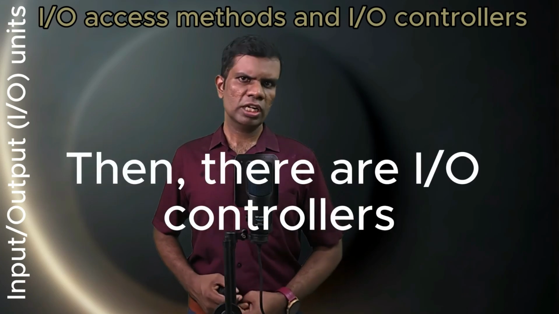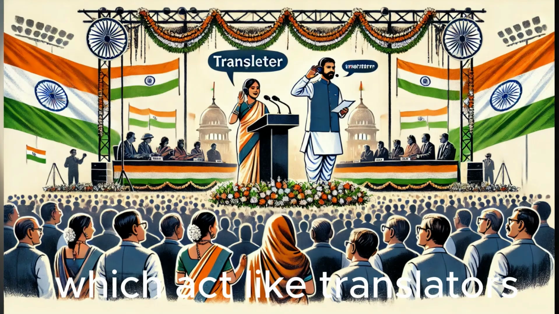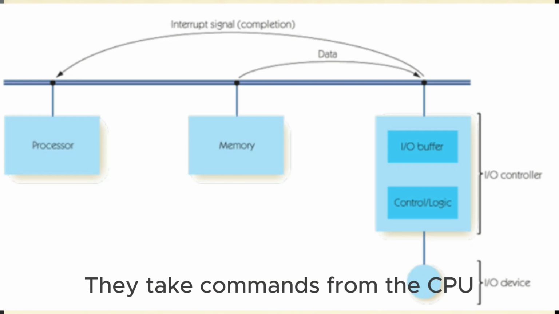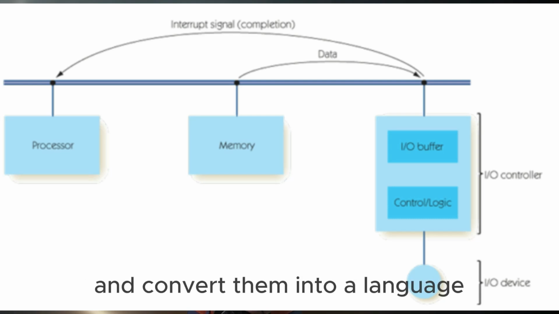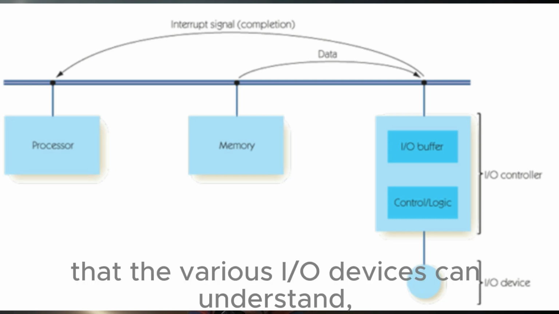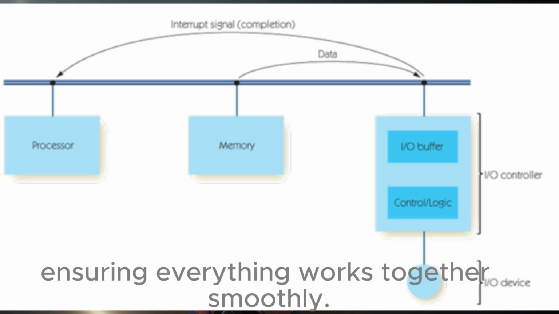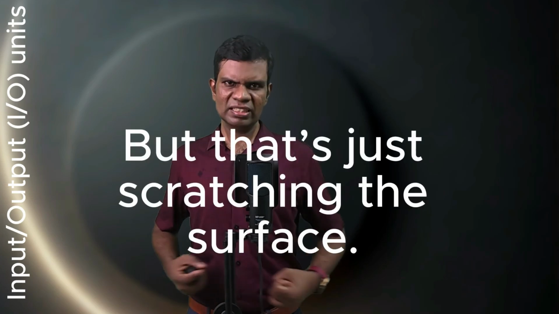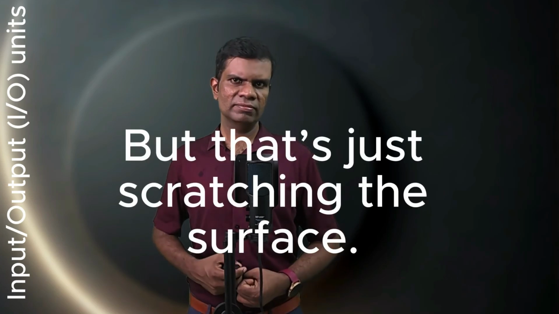Then there are I/O controllers, which act like translators. They take commands from the CPU and convert them into a language that the various I/O devices can understand, ensuring everything works together smoothly. But that's just scratching the surface.